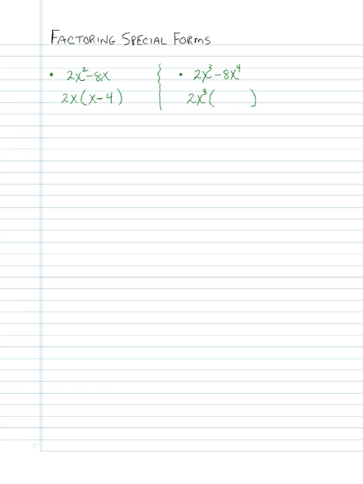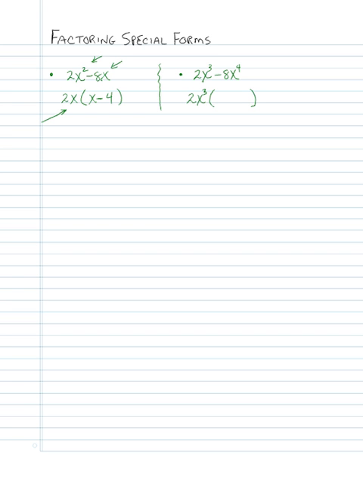In the problem over here, we factored out x to the first power. The exponents of x there were 2 and 1, and we factored out the lower power of x, didn't we?